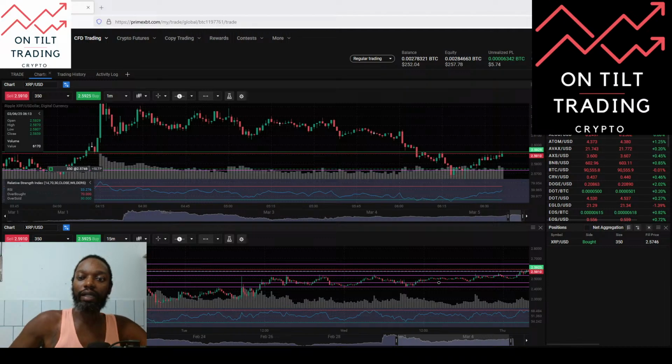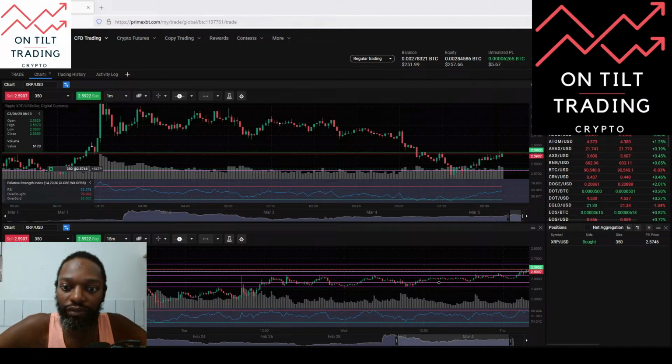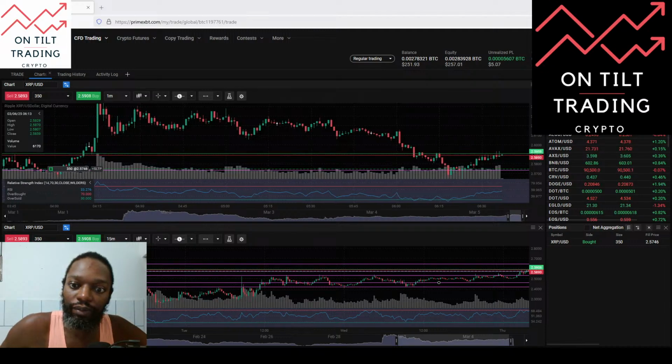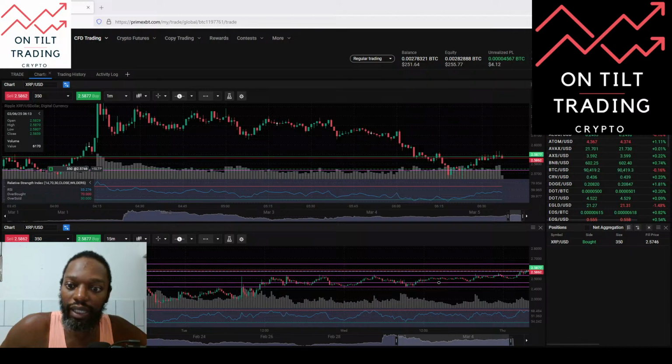I like to see contact with the line or very close to it to give me an indication of the type of pullback, even though you can see that we're making contact, but the lows are getting lower every time we're making contact down here, and then eventually we start making some room up here, or we start buying.